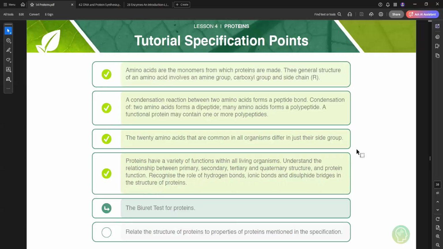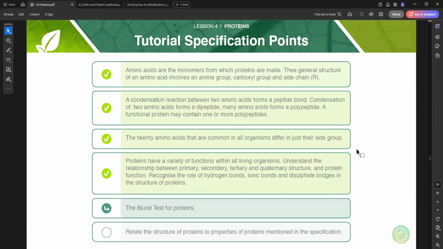Things to know for exams is the definitions for each level of protein structure, so primary, secondary, tertiary, quaternary, including the bond types that are involved in each stage. Okay. And then also thinking about how that might link to mutation.